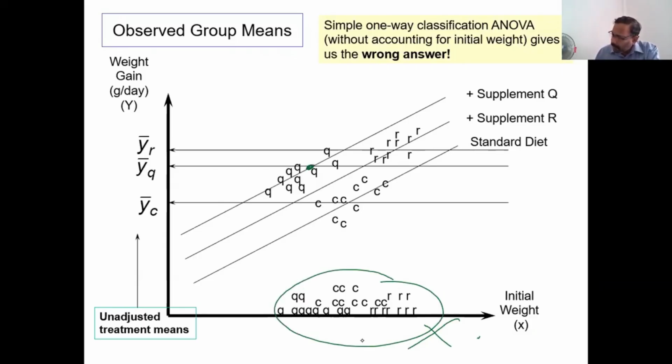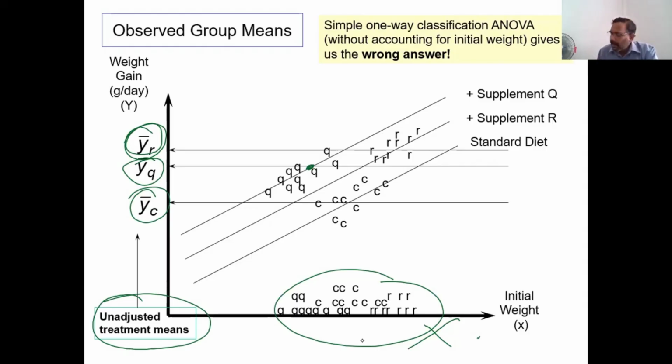This is the average weight gain of the Q diet, this is the average weight gain of the supplement R diet, and this is the average weight gain of the standard diet. This is called the unadjusted treatment mean. If we had done a simple CRD, the treatment means are not adjusted according to the initial weight.